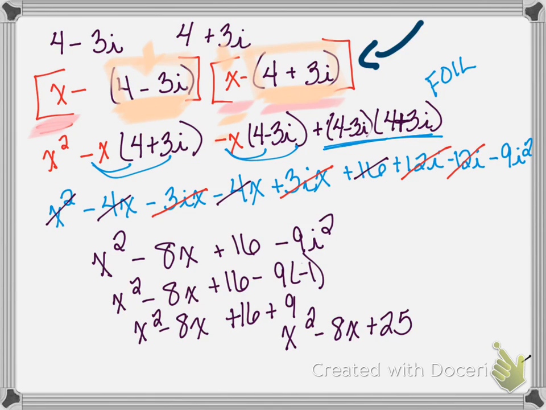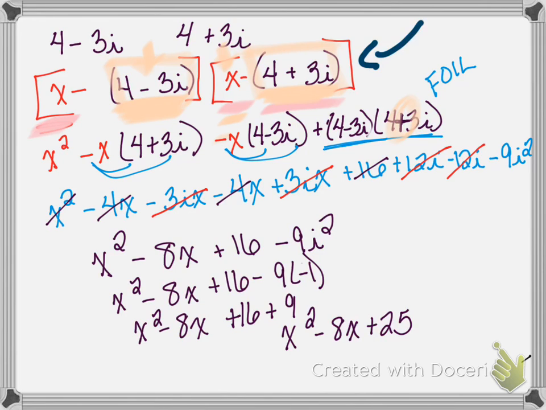There's lots of opportunity for mistakes. You can notice here, I missed a sign right here, and I knew that I needed to go back because those were complex conjugates and I had to have a plus there. So be super careful with that.